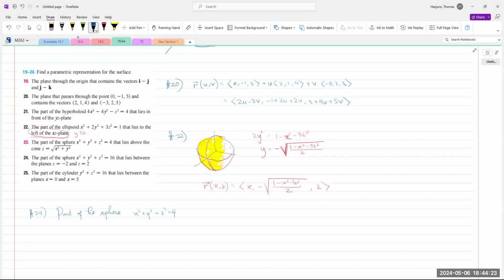Okay, I'm sorry, equals 16, not 4. I happened to look at number 23. Okay, but the z is between -2 and 2. So think of that as a sphere, but you cut it between 2 and -2.